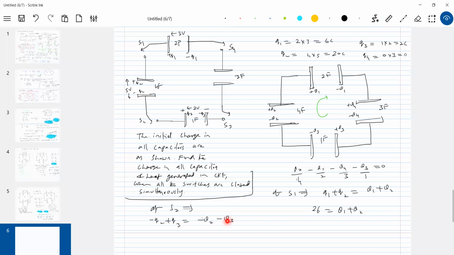I too don't know. I'll solve it. If I get positive, what I assumed is right. If I get negative, then I'll change it. Then similarly at S3. S3 is this one, no? Here this switch: minus Q3 plus 0.